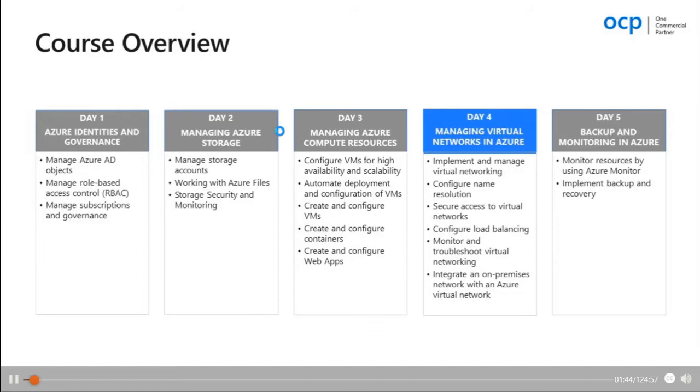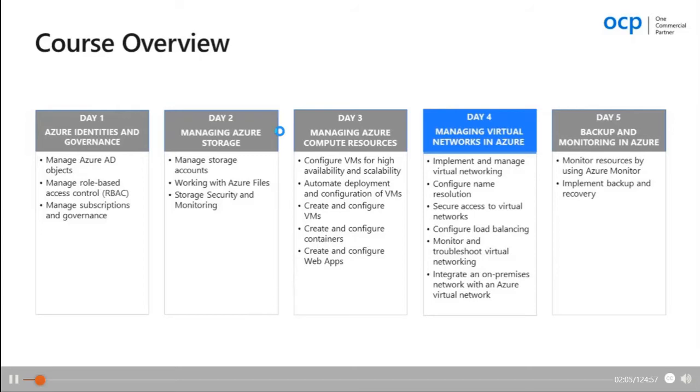Until now, we already covered Azure identity and governance. We already talked about Azure AD governance, policies, subscriptions, RBAC. On day 2, we covered everything about storage, so we talked about storage accounts and Azure Files.